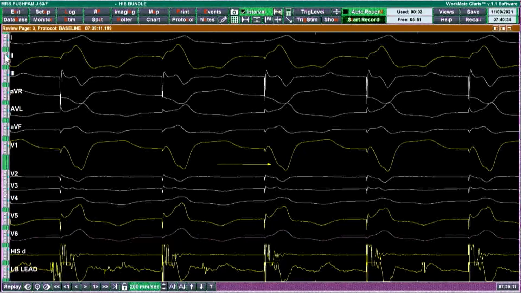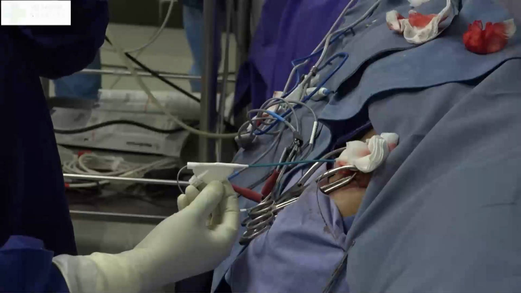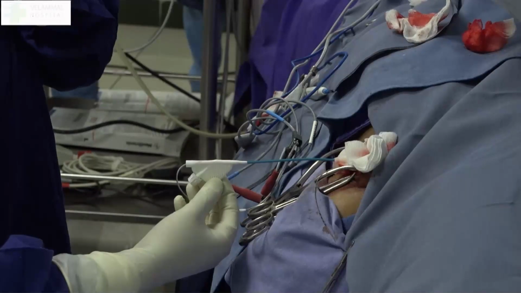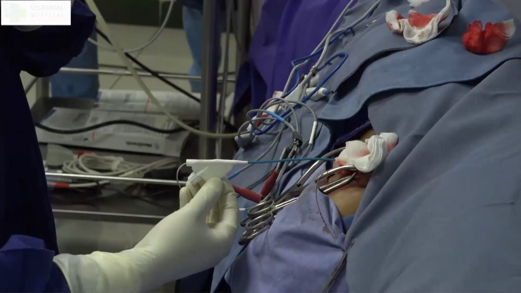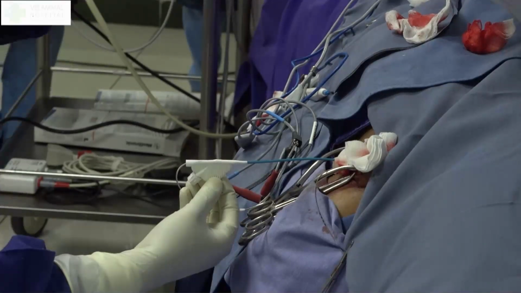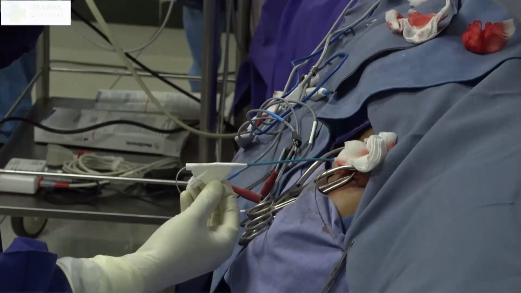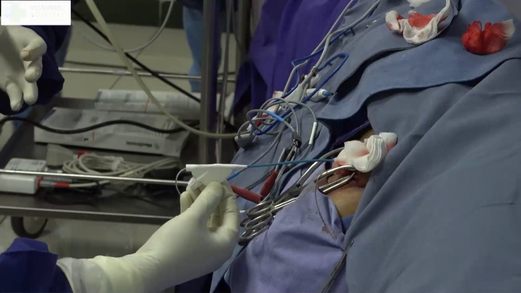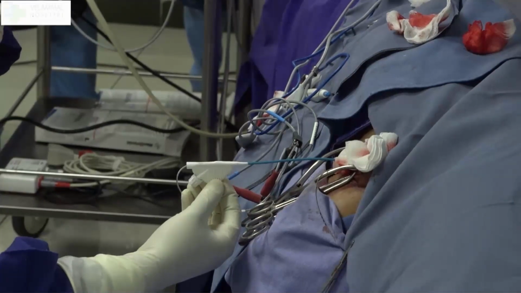So the notch on the nadir will go on the ascending limb, then it will reach the isoelectric line. Ultimately, it will form an R wave. So that occurs when you are giving turn by turn from the one end of the lead, and the lead is gradually getting deployed inside the septum. Simultaneously, you have to monitor the impedance.